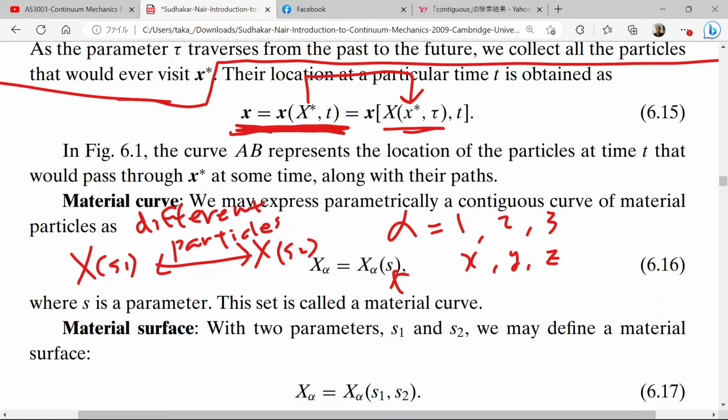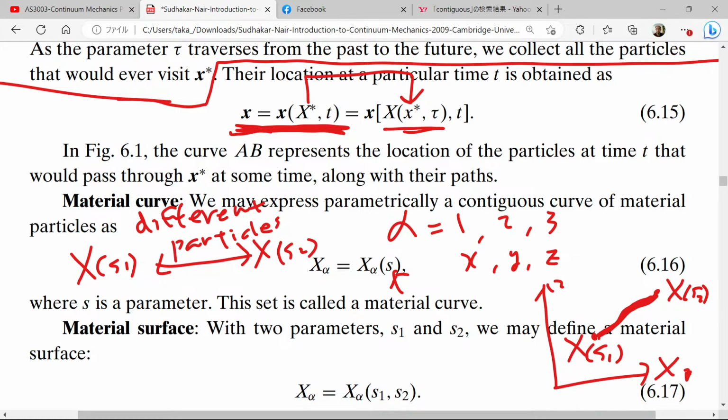This set is called a material curve. You can consider material space with x1 and x2, and you have some x s1 here and x s2 there. These are different particles, so you can connect different particles contiguously, and this is called a material curve.